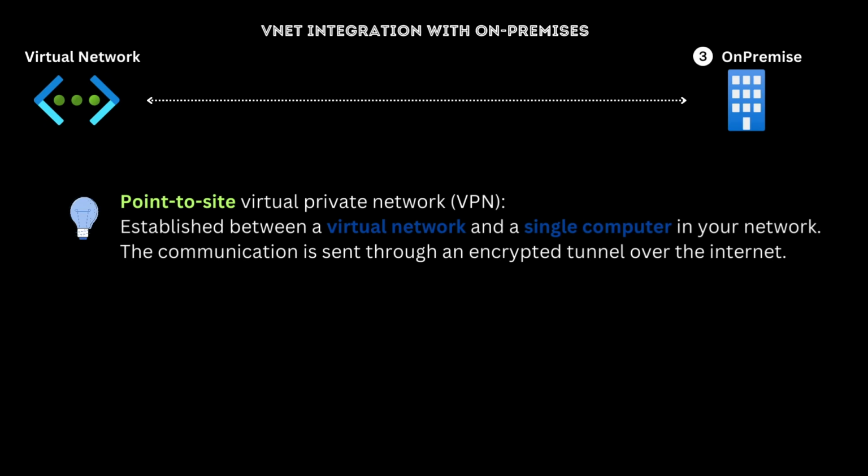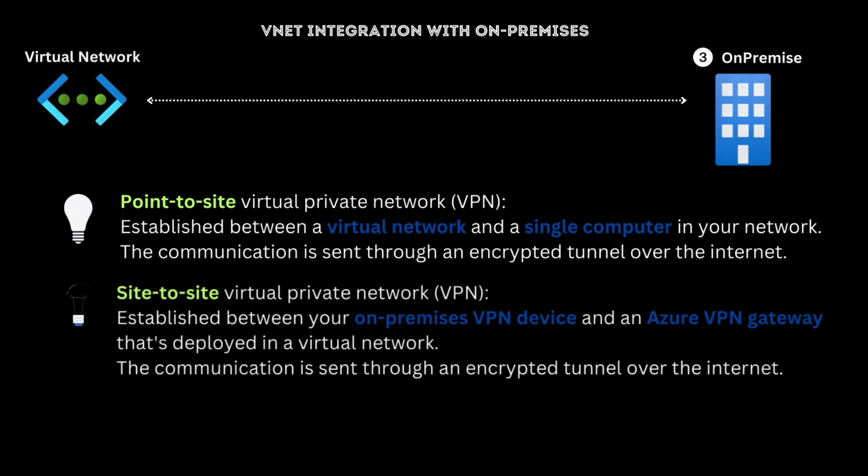Second approach is site-to-site virtual private network. This connection is between the on-premises VPN device and your Azure VPN gateway that is deployed in the VNet. So this kind of communication is used to connect multiple on-prem devices connected to the on-prem network to the VNet. The communication is sent through an encrypted tunnel over the internet.